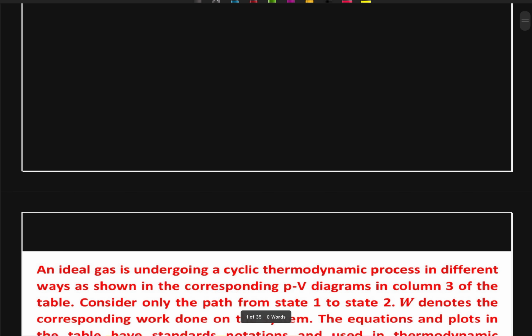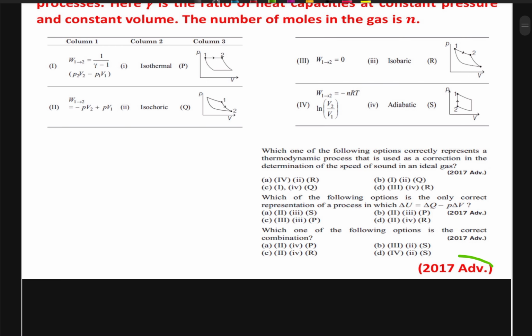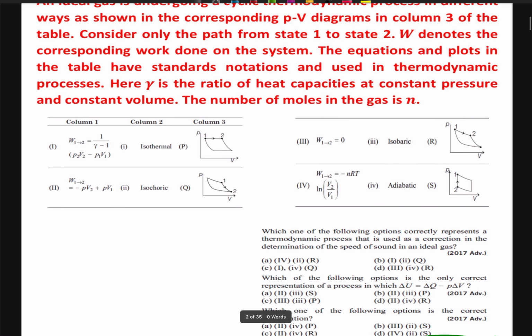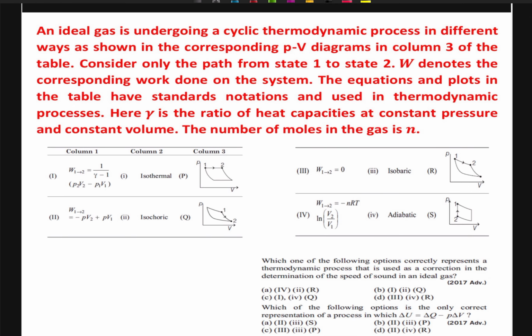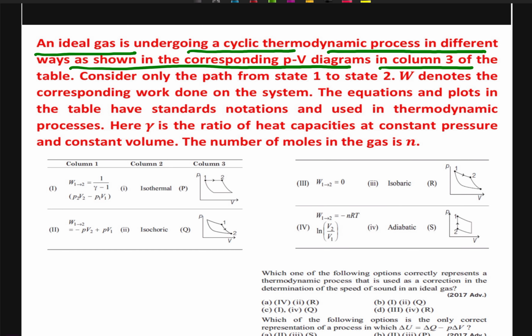So the first question, it was asked in the year 2017, and it states that an ideal gas is undergoing a cyclic thermodynamic process in different ways as shown in the corresponding PV diagrams in the column 3 of the table.